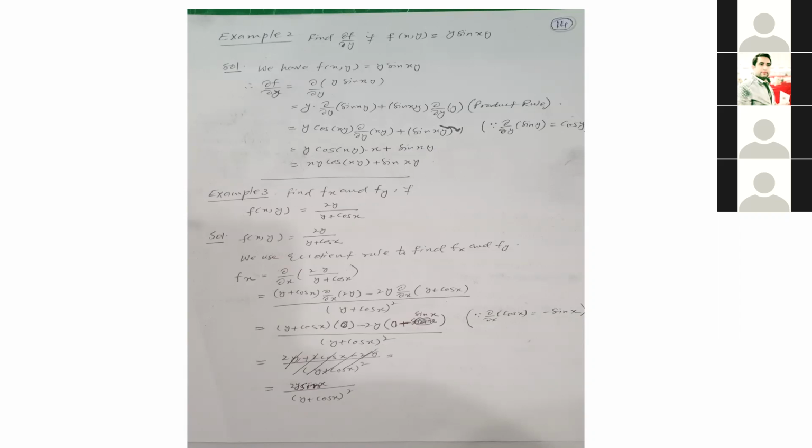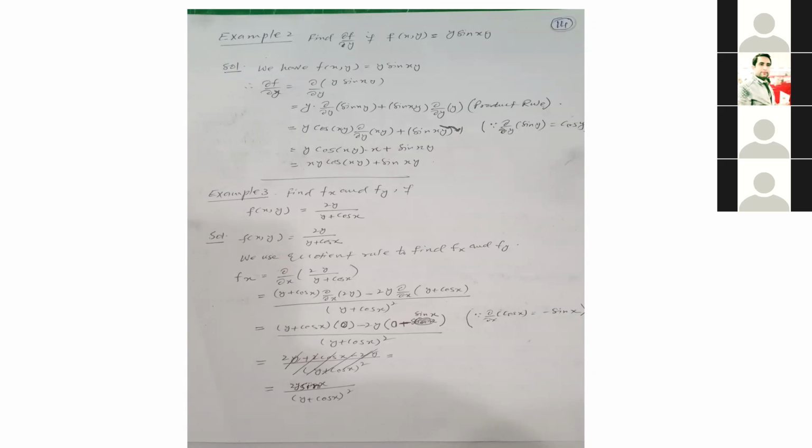Applying on the right hand side, you have del over del x of 2y divided by y plus cos x. So by quotient rule, denominator times, which is y plus cos x, here down, this is your denominator, it's a square, and then derivative of the first one, numerator, which is 2y, minus this numerator times derivative of the denominator.